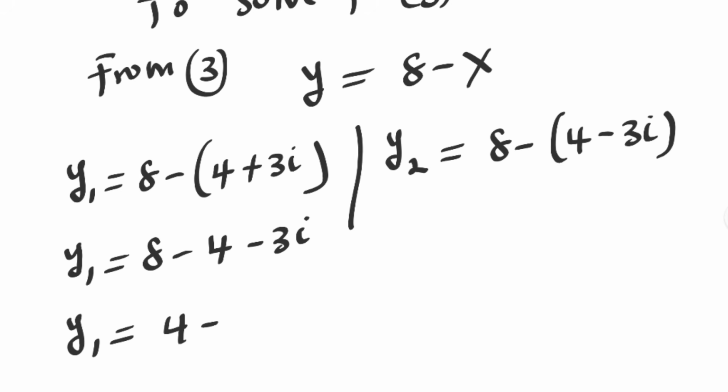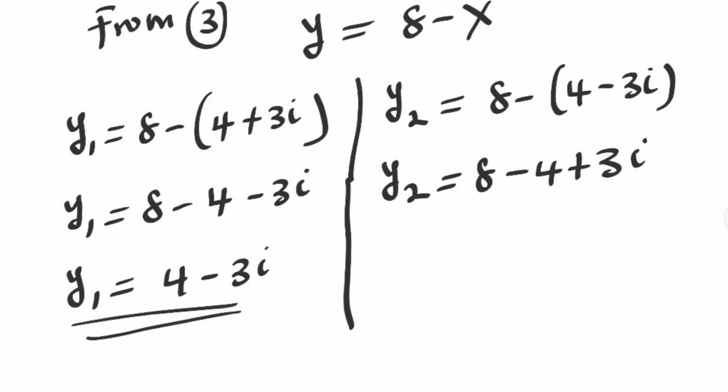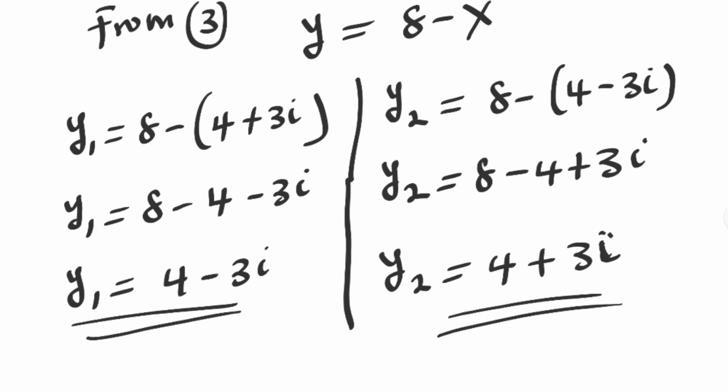This is 4 minus 3i. This is the value of y1. Also, y2 is equal to 8 minus 4 plus 3i. y2 is equal to 8 minus 4. This is 4 plus 3i. This is the value of y2.